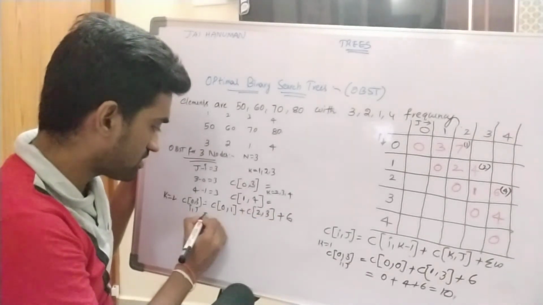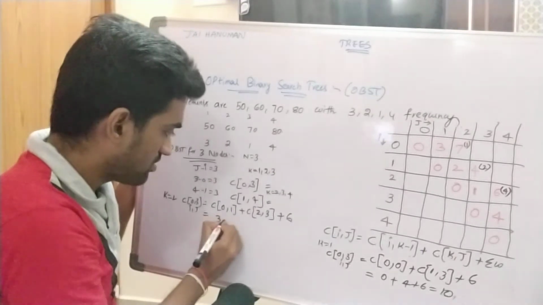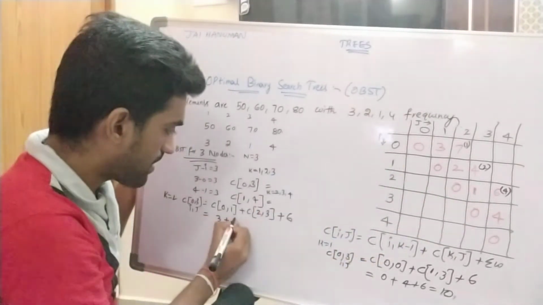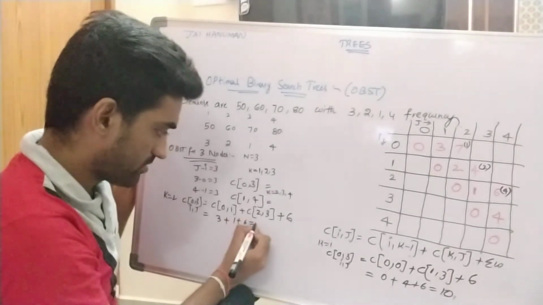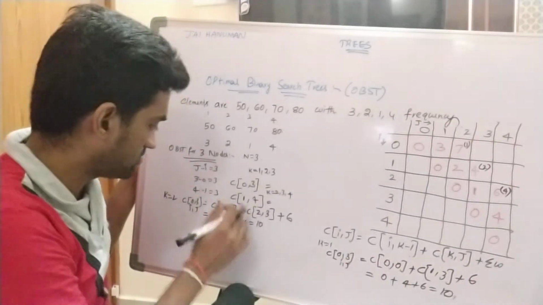So simply, the cost of 0 comma 1 is 3, and the cost of 2, 3 is 1, plus 6, which is equivalent to 10.